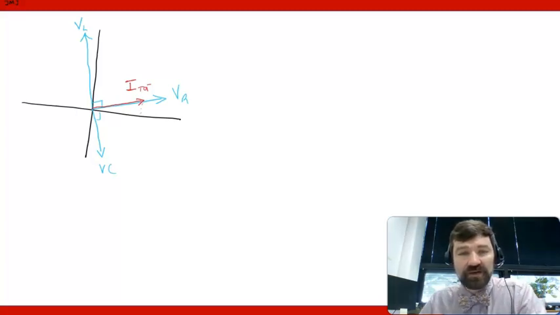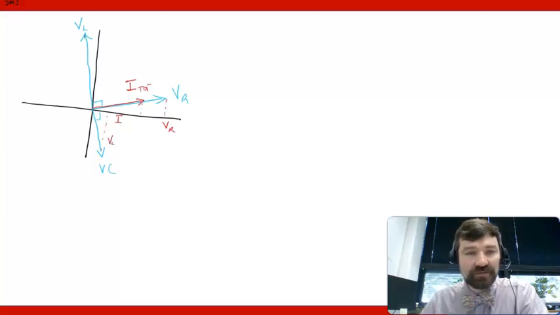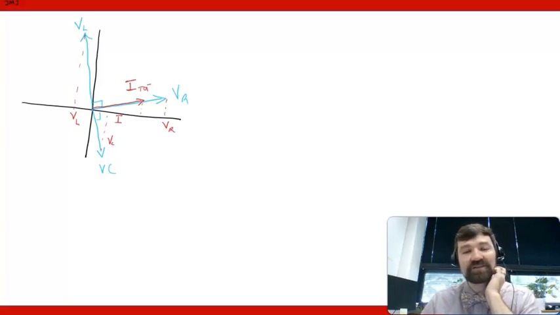So this right here would represent I at time t. This would represent V resistor at time t. This one right here would represent V capacitor at time t. And this right here would represent V inductor at time t. Now note that the capacitor and inductor are actually in opposite directions here.